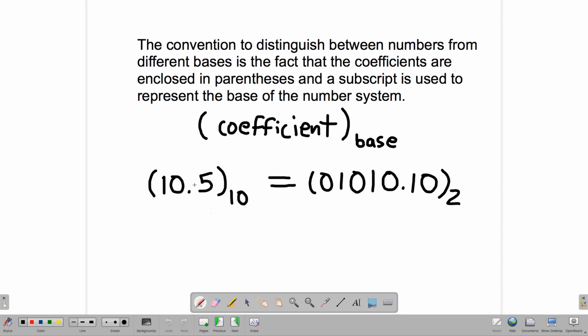We got 10.5. This is represented in decimal format, and it is equal to its binary equivalent, which is on the right side here. This is binary. You can see base 10 represents decimal, and base 2 represents binary.